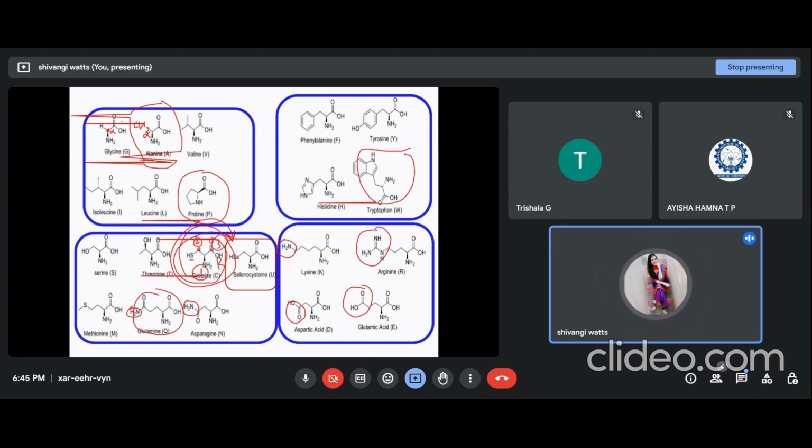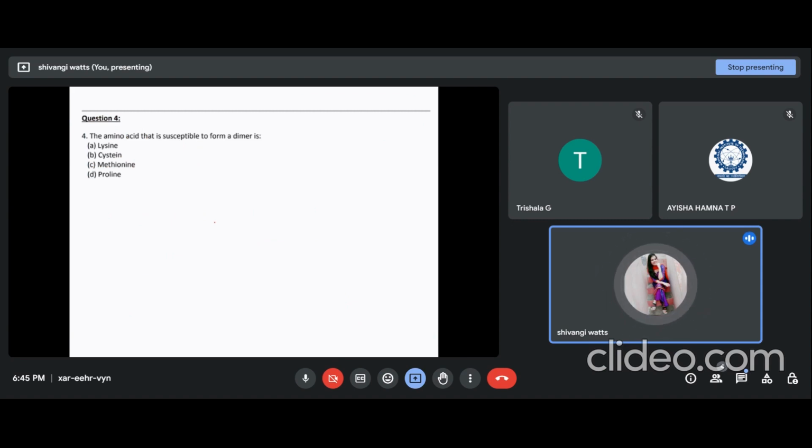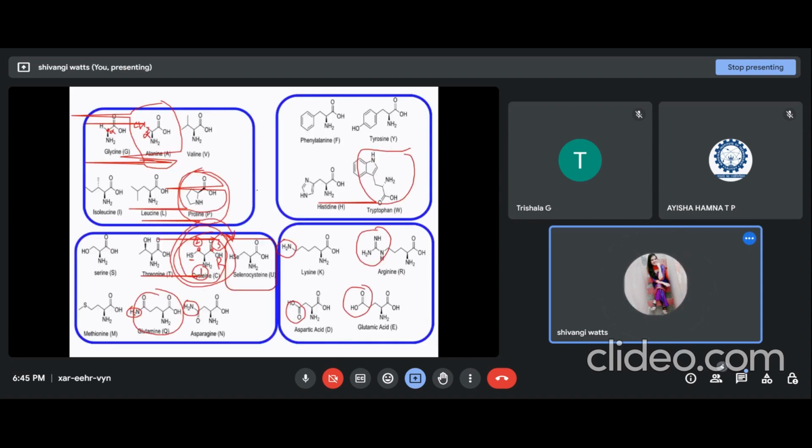If you see the structure of proline, from where are you expecting the dimer, which bond? First, lysine and methionine. In lysine and methionine, there is no possibility of formation of a dimer. In proline also, I don't see from where you are expecting it. A single bond nitrogen is not that stable.